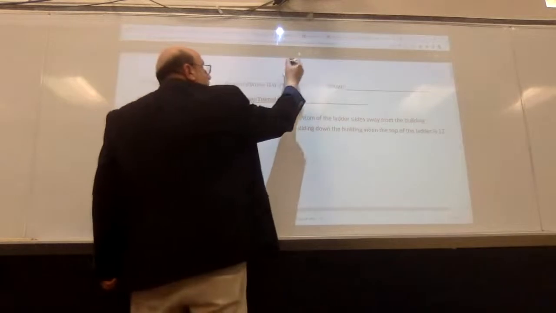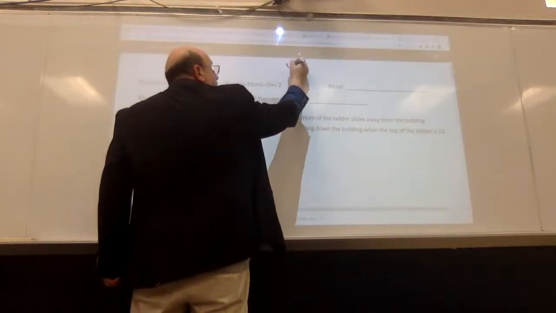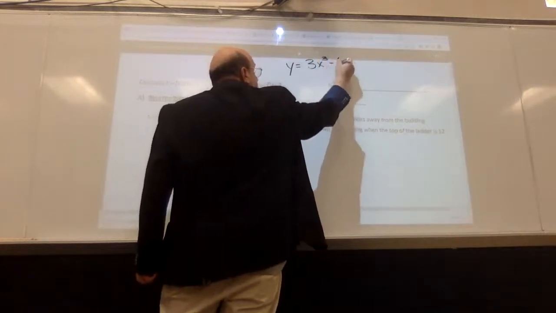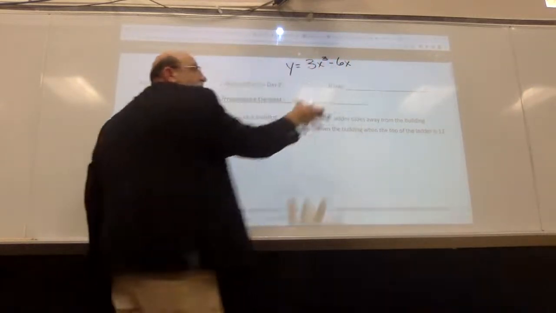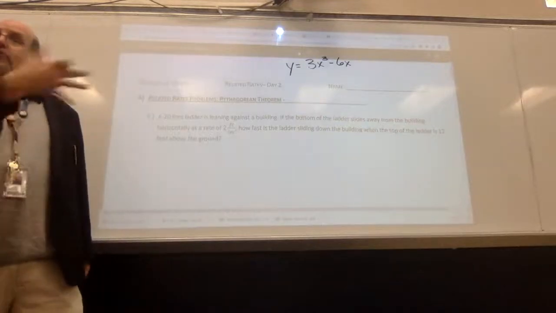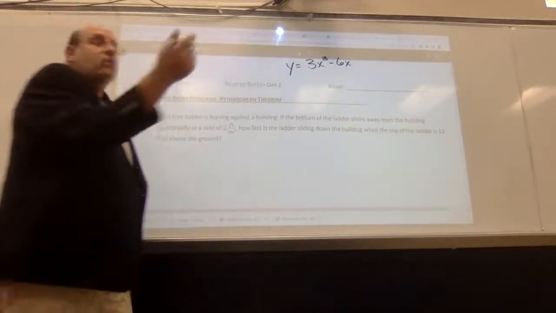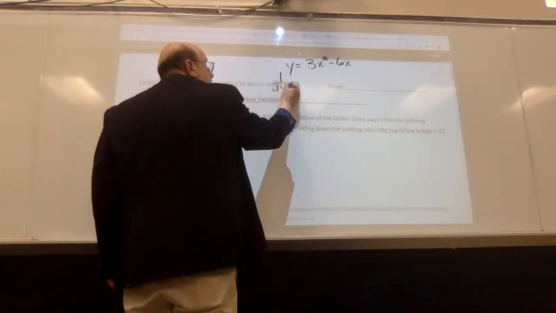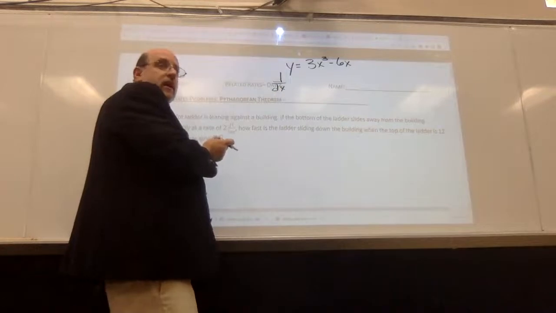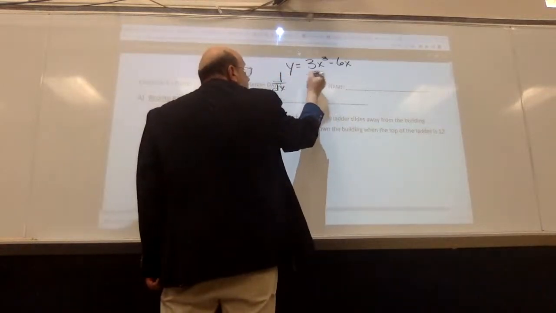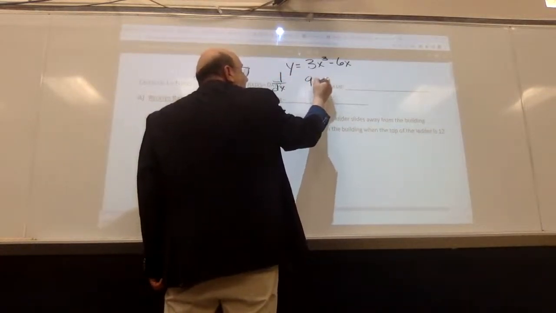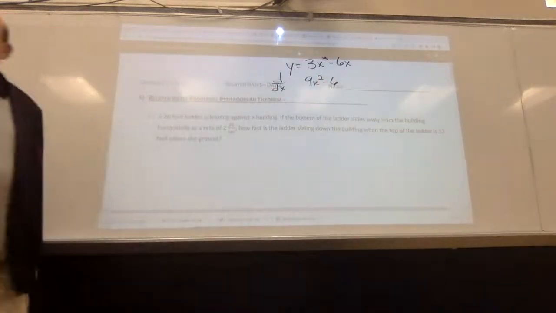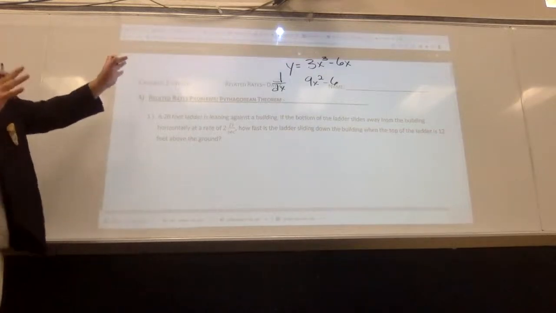We were able to take y equals 3x cubed minus 6x and differentiate that in terms of x. And that's really what we were doing. We were using Leibniz notation, d/dx, and we would say, oh, well, this differentiation is 9x squared minus 6, right? And that's how we started.